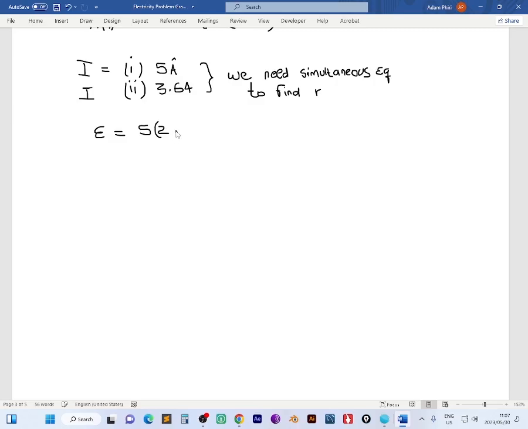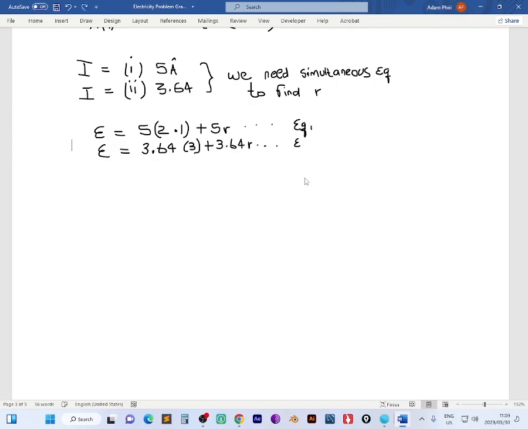So we have there 5 multiplied by 2.1, which is our total resistance, 21 divided by 10, 2.1. And then we have another situation where 3.64 is our current, and then our R, we don't know it, so we make that one equation 1.